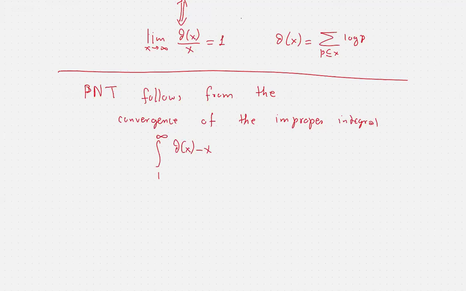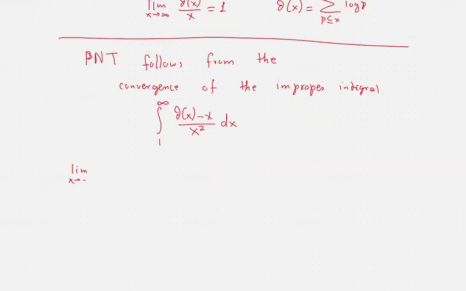So here pretty much what one does is to show that the upper limit as x tends to infinity of theta of x over x has to be less than or equal to 1. Because if it's strictly less than 1, then one can show that this integral has to diverge.